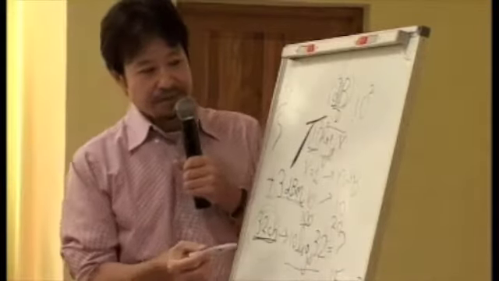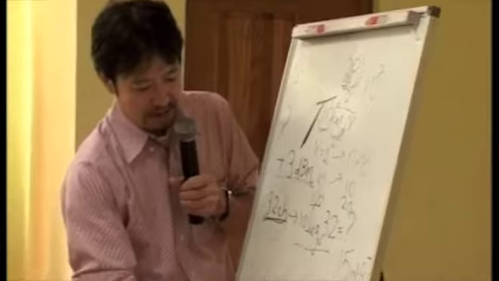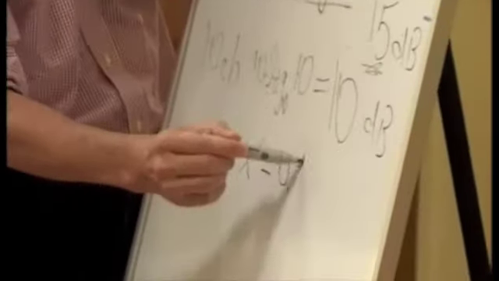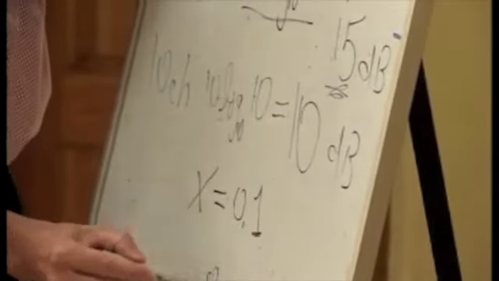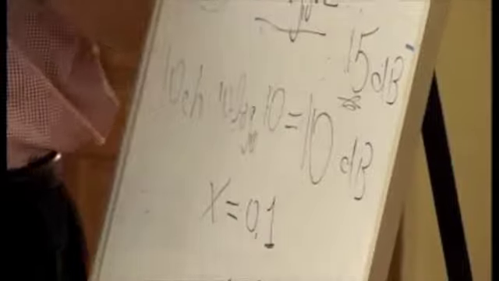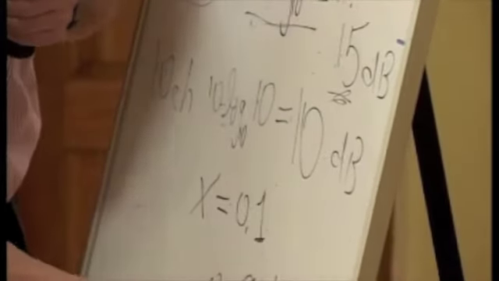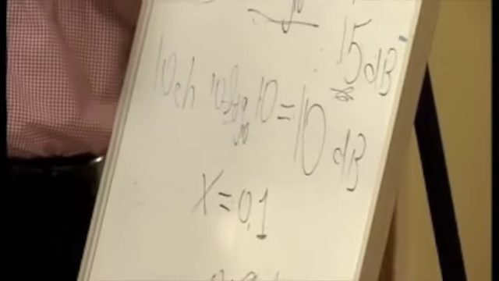And the same thing, if x equals 0.1, what is the value in dB? Negative, that's right. For 0.01, in other words 100 times smaller, it is minus 20 dB.